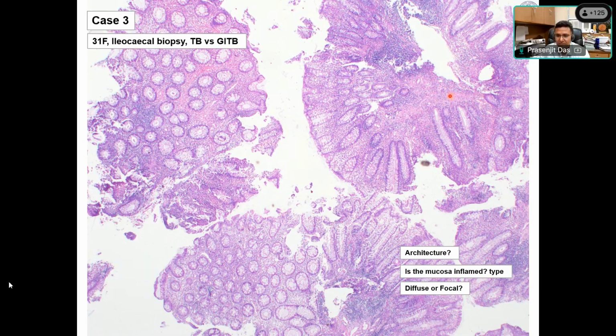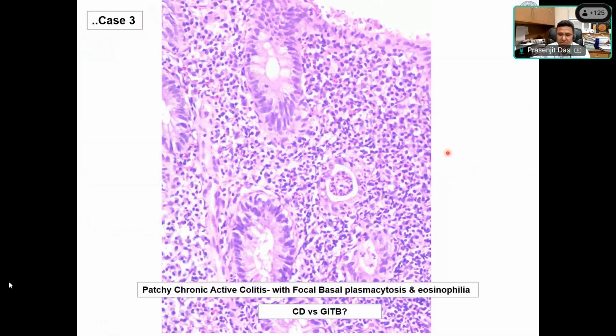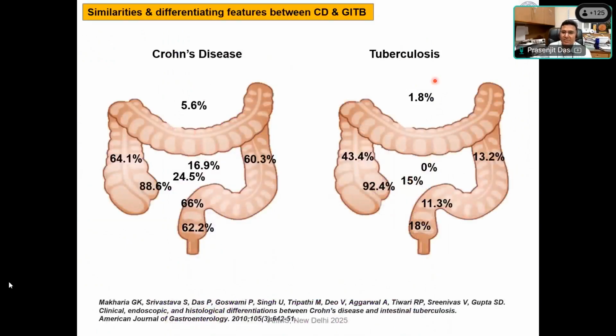Okay. Thank you. So we are talking about Crohn's disease and tuberculosis. Most of them are very common in the ileocecal junction, as you can see. That's why these sites are most commonly biopsied clinically. But though biopsies are most commonly taken from this area, we cannot differentiate because now you know the limitations.